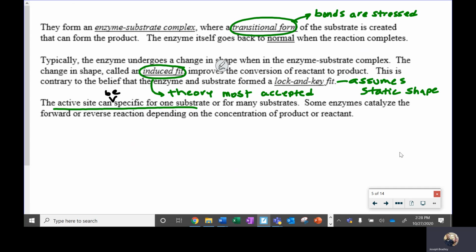Typically the enzyme undergoes a change in shape in the enzyme-substrate complex, and we call that change in shape an induced fit.